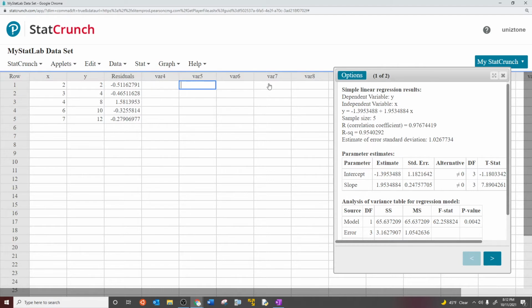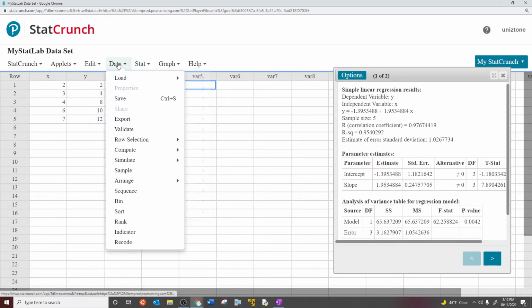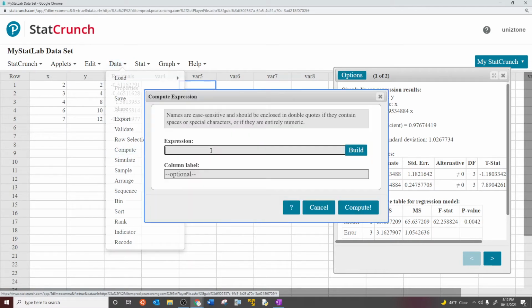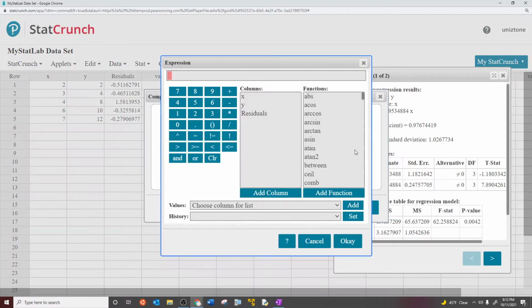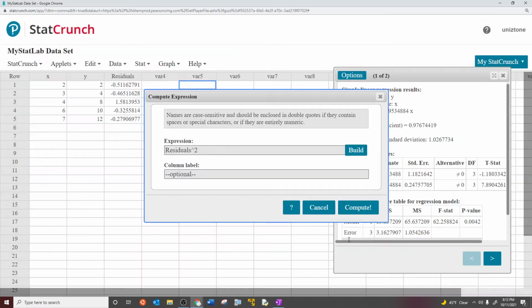Now we're going to create a new column. We're going to compute expression. We're going to build the expression. We're going to use the residual column and then square it. So let's hit OK and then compute.